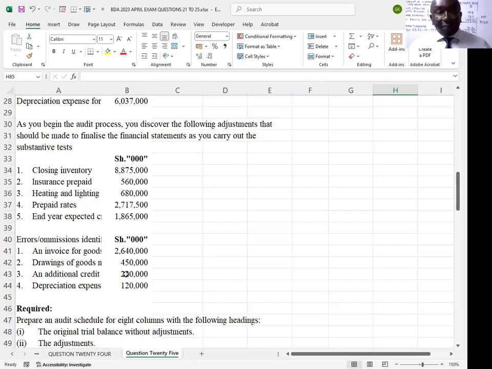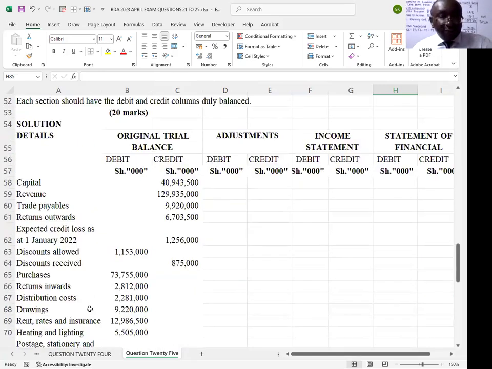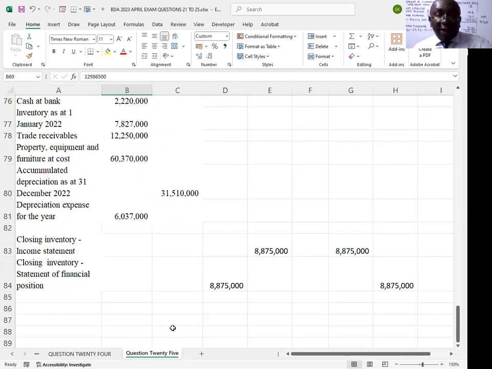Now, when we come to our statement, we find that insurance is a composite, an ingredient. They are combined. The examiner here has combined rent, rates, insurance. So we do not know exactly how much of this 12 million is insurance. So what we do then, we just create different lines for them.